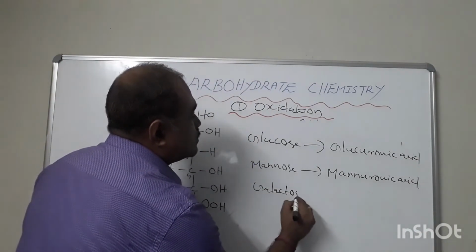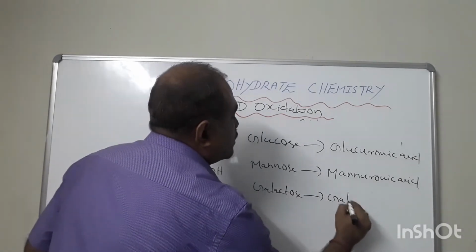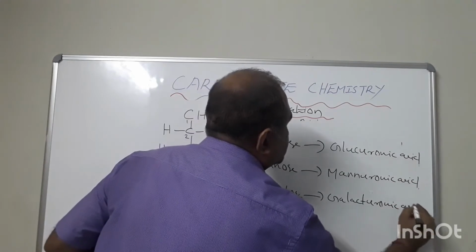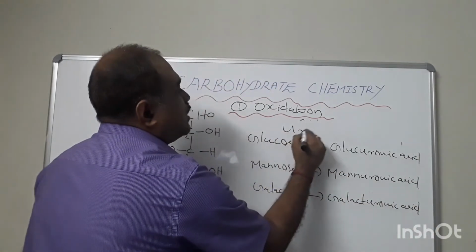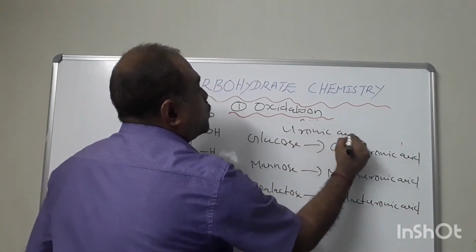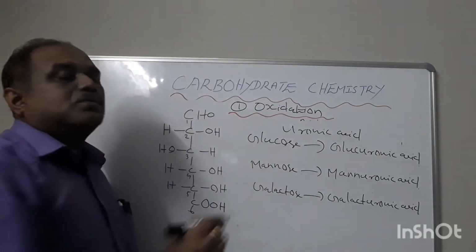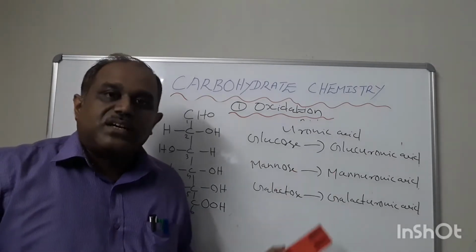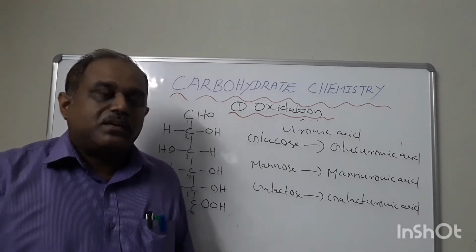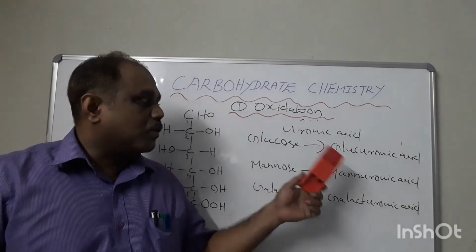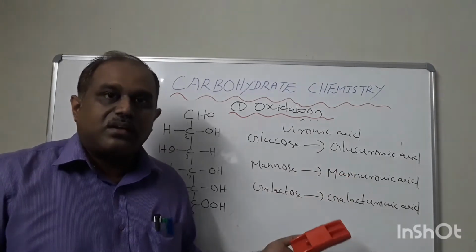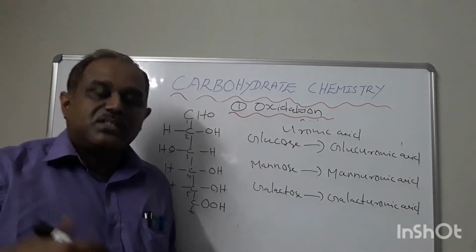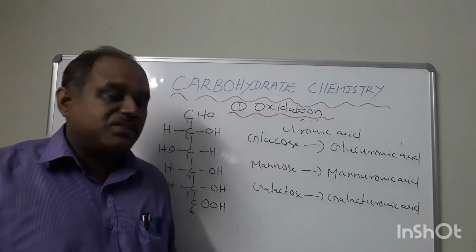Galactose gives galacturonic acid. So it gives the corresponding uronic acid. So what is the importance of uronic acid? Conjugation reaction, to make compounds water soluble: glucuronic, mannuronic, galacturonic. So conjugation reaction is the importance of uronic acid. This we will be studying in detail in detoxification.